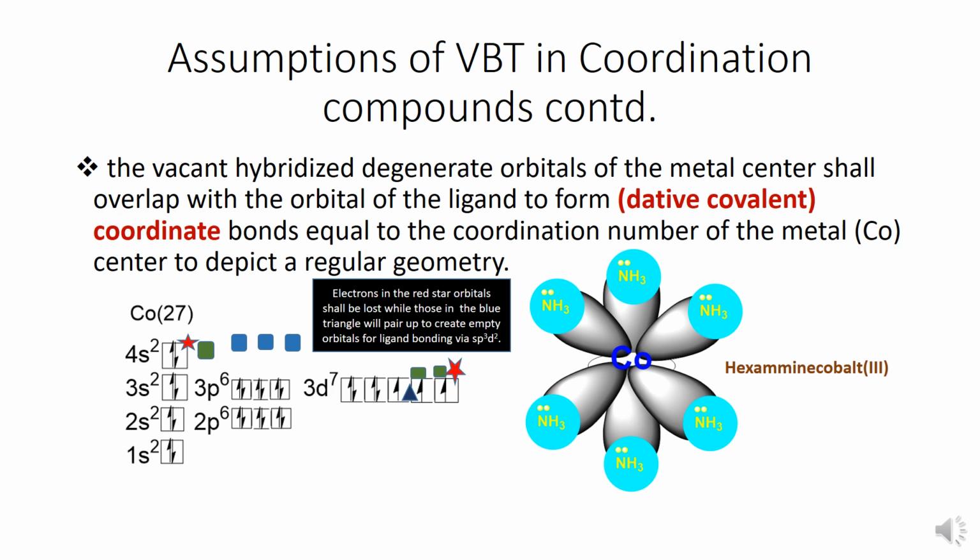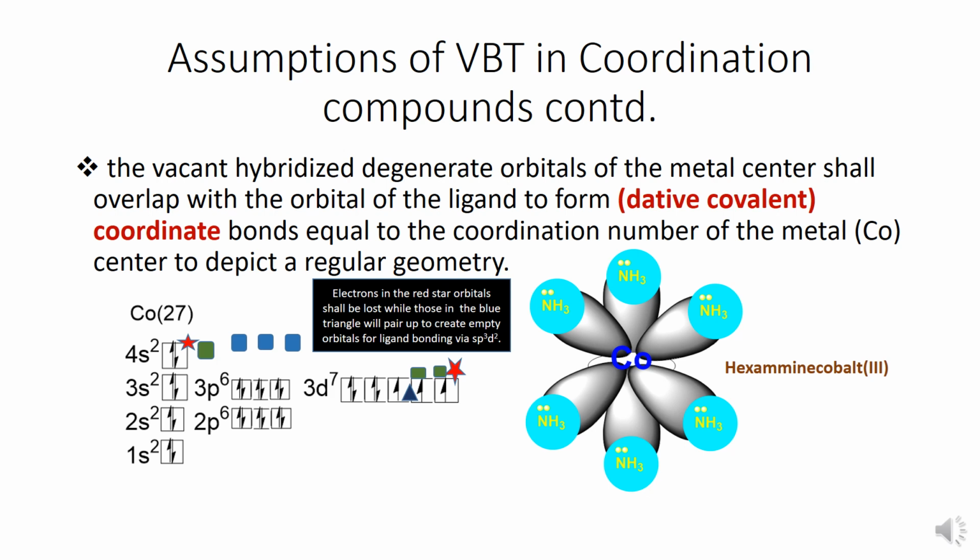For cobalt to form a plus 3 state, cobalt must lose three electrons, two electrons from the 4s and one electron from the d7. The orbitals that lose the electrons have been marked with a red star. The red star shows you that that orbital will give out its two electrons and its one electron. At that point, you are able to generate cobalt 3 plus.